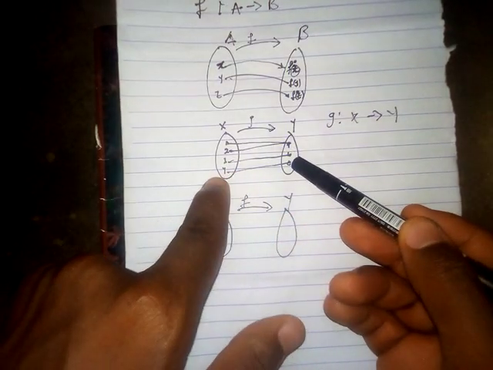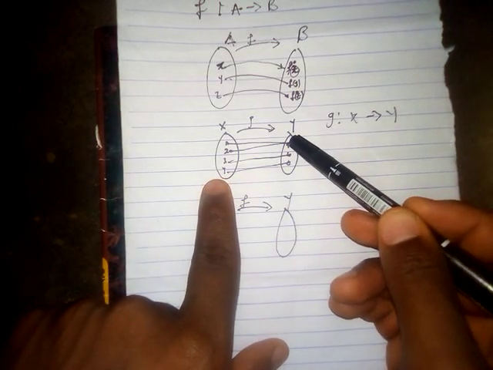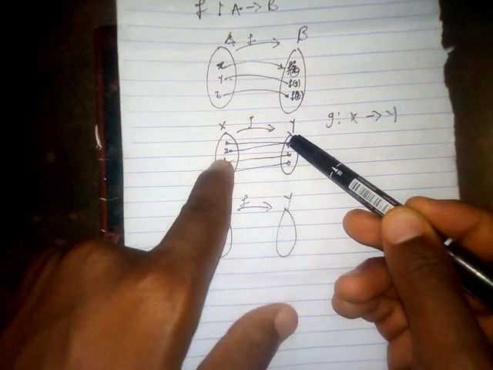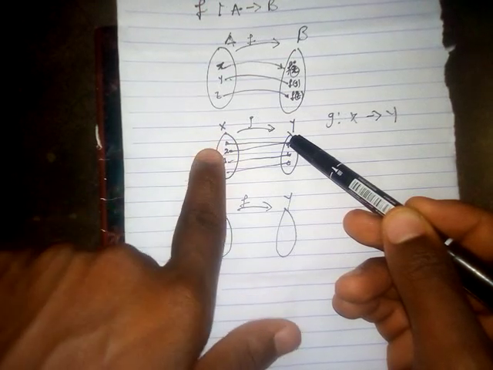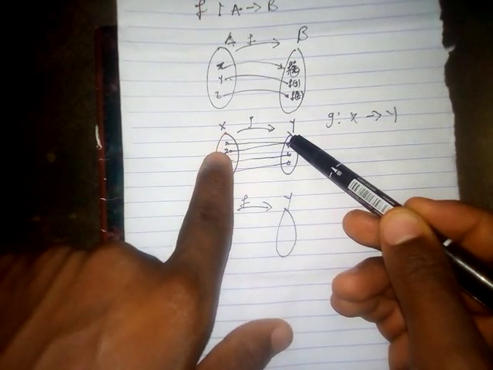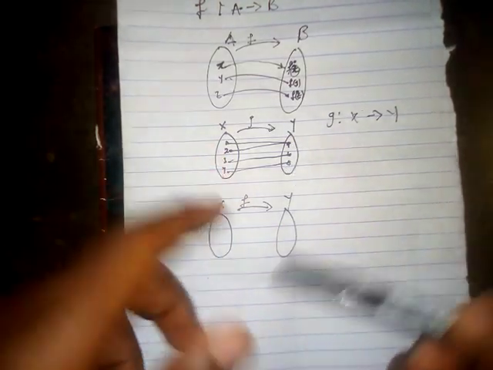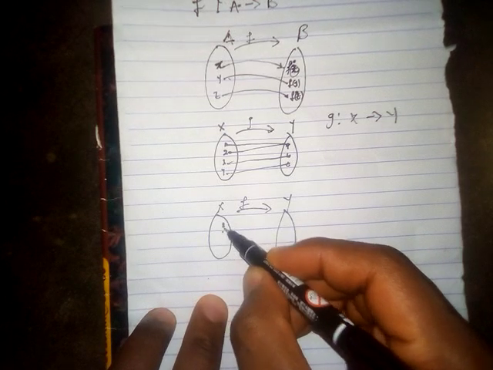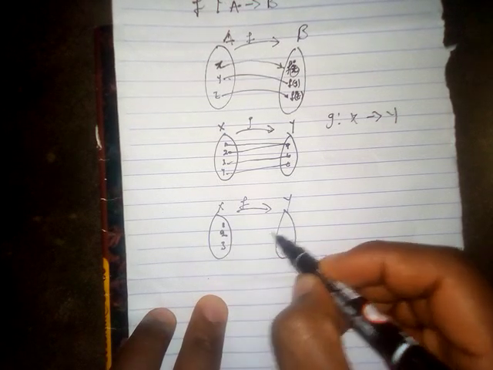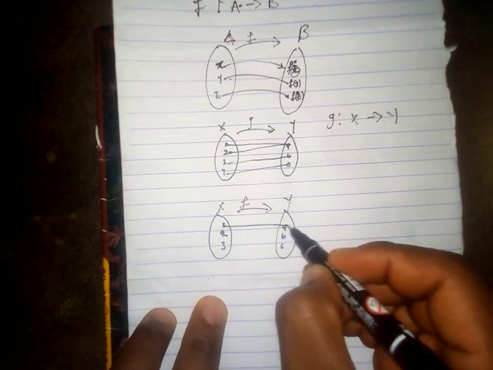Take this as the son, take this as the father. Observe that a here can be a father of two sons. Let's say this is the first son, this is the second son, so a can be a father of two sons, which is possible. Now assuming I have 1, 2 and 3, and I have a, b, c.